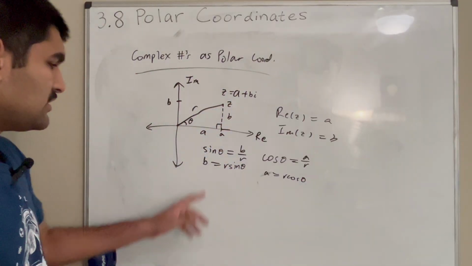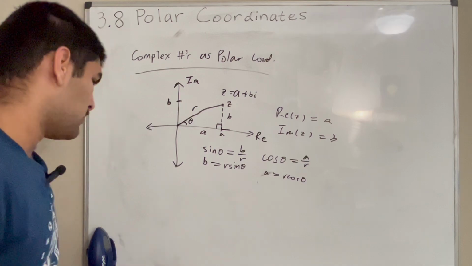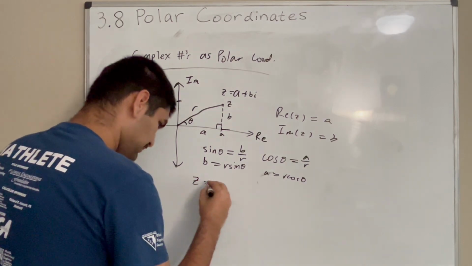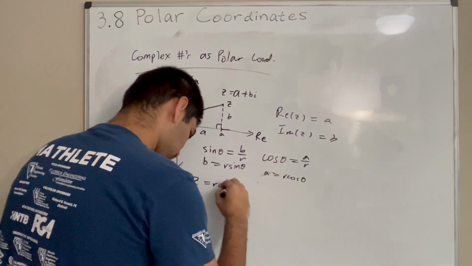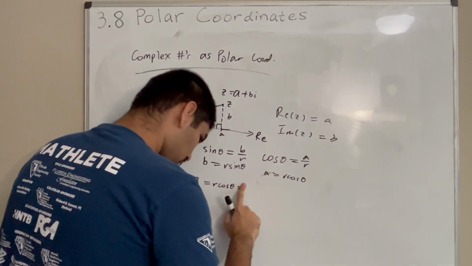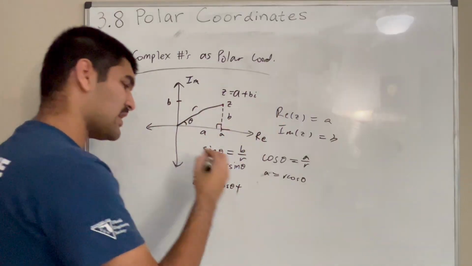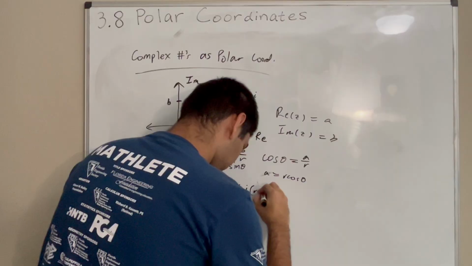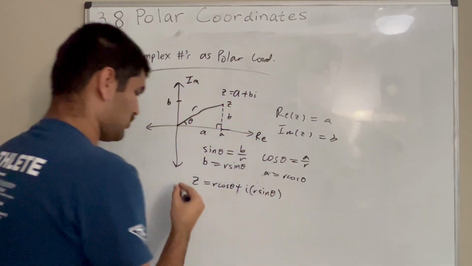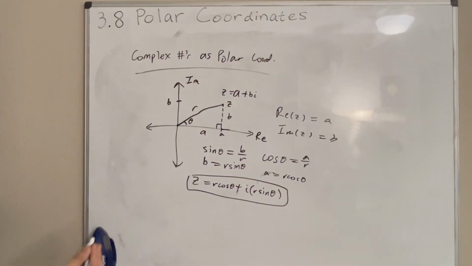So then we can substitute in these values of a and b into the original equation for z. So we get that z is equal to a, which is r cosine theta, plus bi. So I'm going to factor the i out, and then we have b, which is r sine theta. So this right here is the polar form of a complex number.